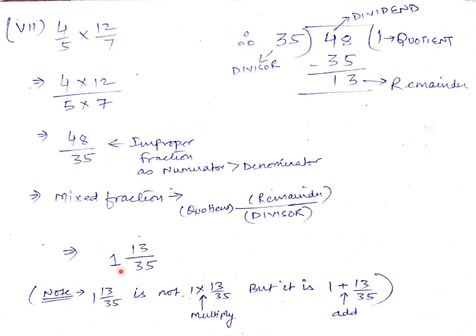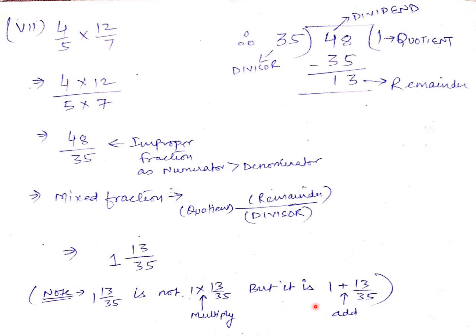What do you think? If you think it is 1 into 13 by 35, then you are taking mixed fractions in a wrong way. Okay? Actually, it is 1 plus 13 upon 35. So, don't take it as 1 into 13 upon 35. If you think it is this, then you are wrong, because it will become 113 upon 35, and that is not correct.